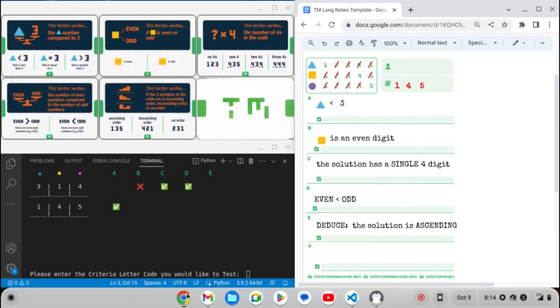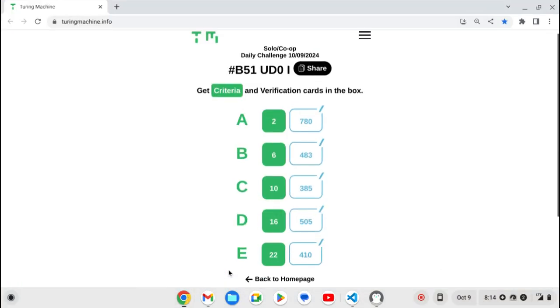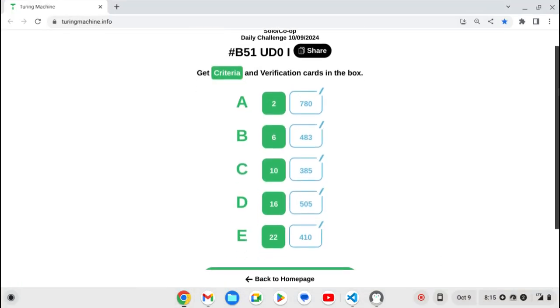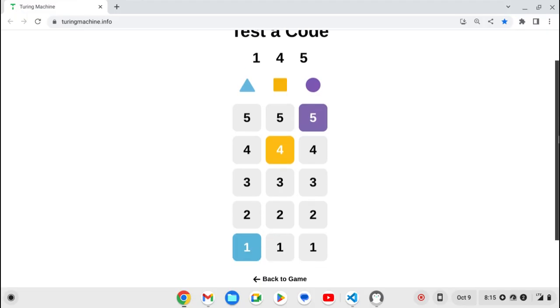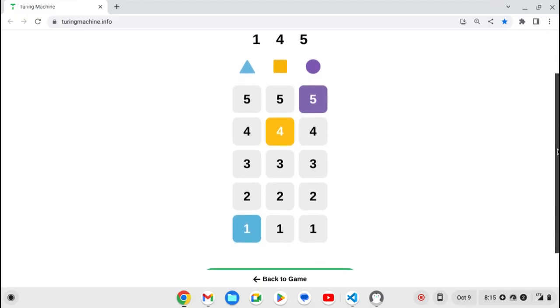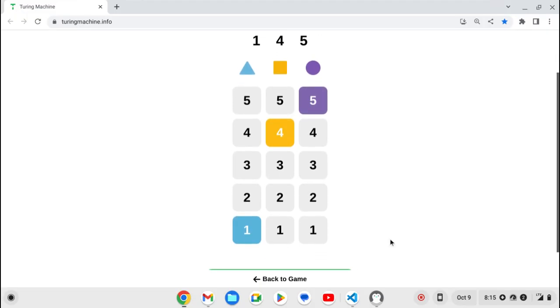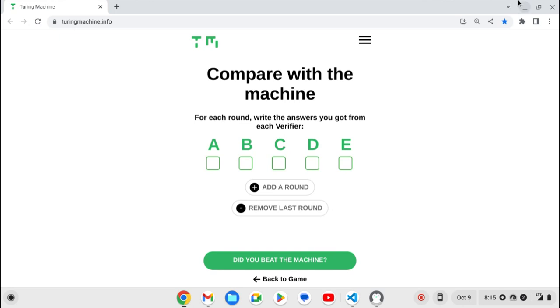Okay, well, let's go confirm that our solution is 1, 4, 5. Yeah, fantastic.